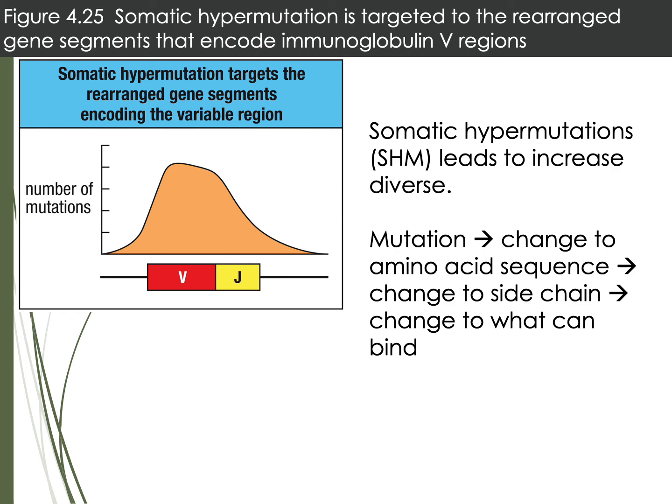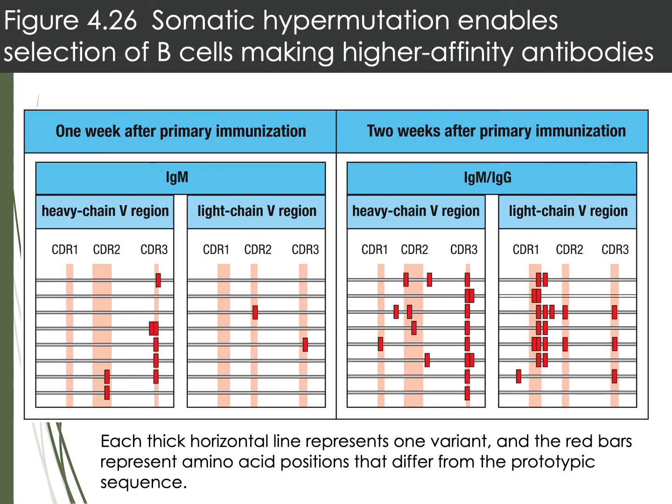So what happens over time is B cells start being selected for that. We end up selecting for B cells that make higher affinity antibodies, and it's through these somatic hypermutations that we end up having higher affinity antibodies.